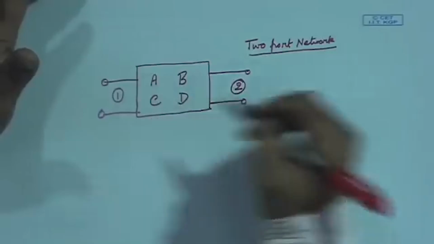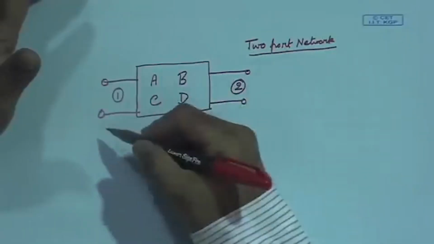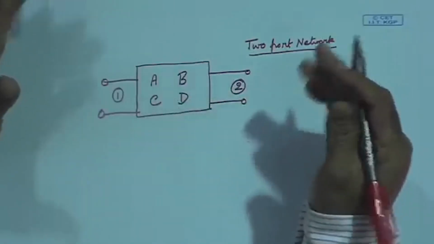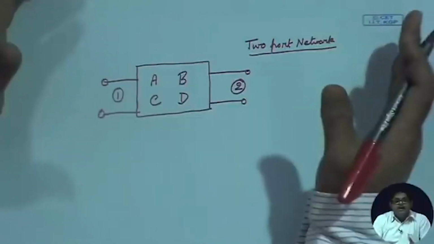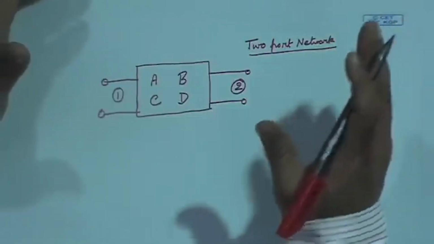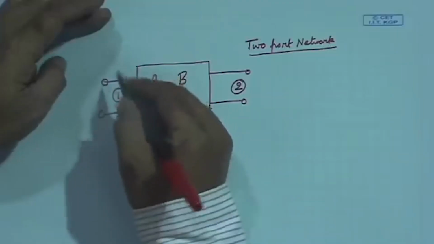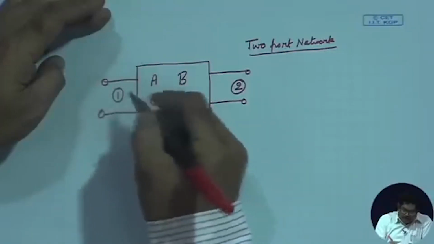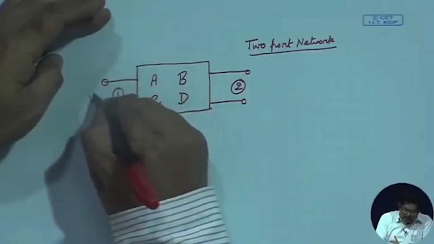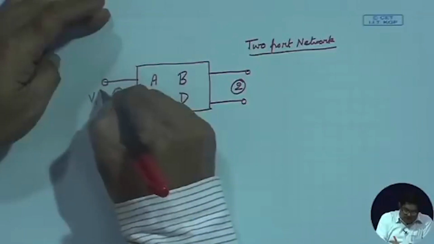So, our port voltages, port 1 voltage, port 2 voltage, port 1 current, port 2 current, they will be also phasor quantities, they have both magnitude and phase. So, they are complex voltages and complex currents. So, I start that let this port 1 has a voltage given by V1.